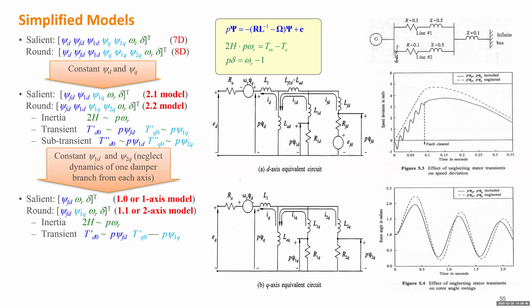You remove those two. For the round rotor generator, you keep flux linkage in each winding, just making symmetry between D and Q. So you have psi FD plus psi 1Q, but you ignore psi 1D and psi 2Q. Just make it simpler. So you will generate the 1.0 model and the 1.1 model. And the 1.0 model is also called the one-axis model.